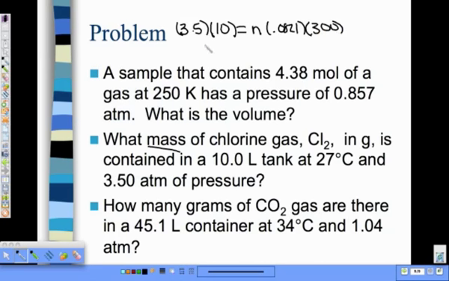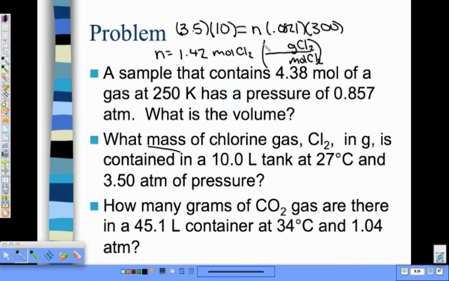So we're able to solve for n. Let's write n equals. I have n equaling 1.42 moles. Now this is chlorine gas. Now remember how we do conversions here. We're going to have moles of chlorine on the bottom and grams of chlorine on the top.